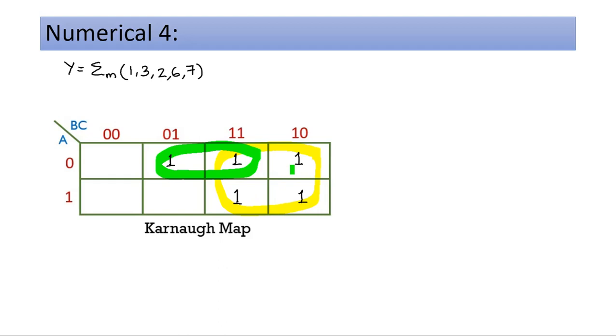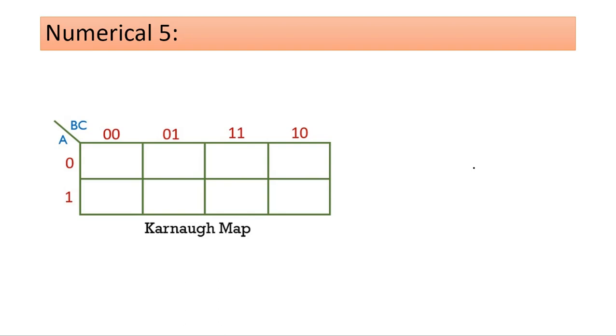Whereas in this yellow group, if you observe, A bar plus A will be equal to 1 and B term is common. So finally I can write the end result as y is equal to B plus A bar into C.